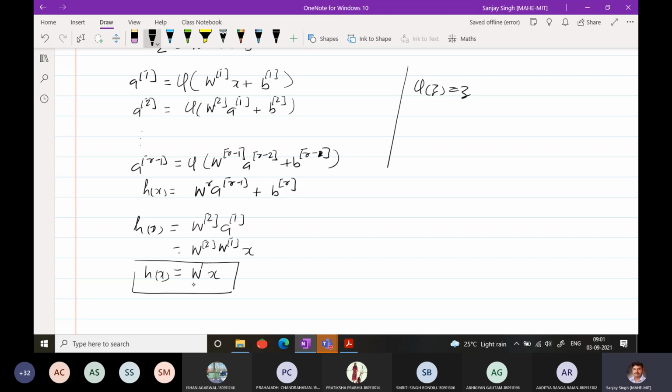This is why we don't use a linear activation function, and use only nonlinear activation functions. Also, without a nonlinear activation function, the neural network will simply perform linear regression, nothing more than that.